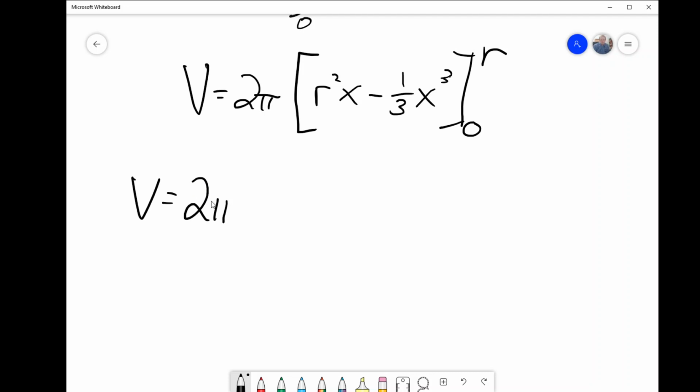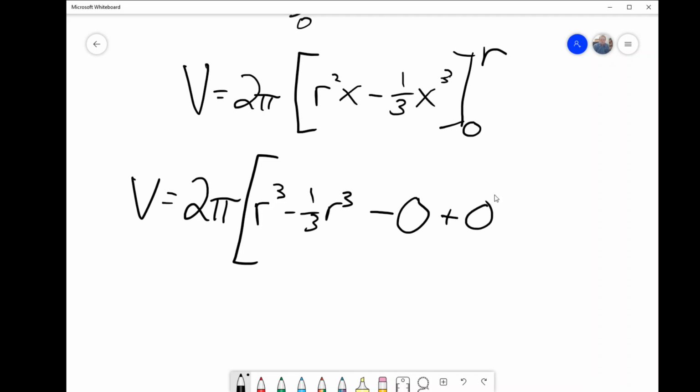So evaluating this further, we're going to have this expression when x equals r, which gives us r cubed minus 1/3 r cubed, minus r squared x when x is 0, minus 1/3 x cubed, or plus, sorry, because we're subtracting the negative, 1/3 x cubed when x is 0.